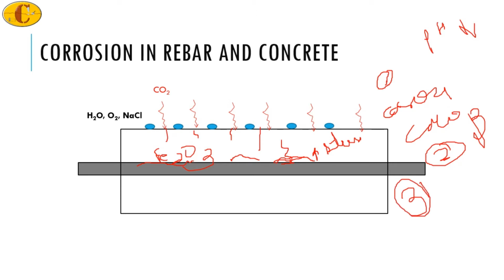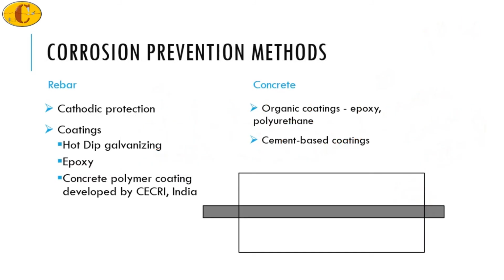Now how do we actually protect it? The usual methods used in the industry are listed over here. Because concrete is the main source from where the elements will go inside, concrete is usually coated with organic coatings or cement based coatings. This may act as the first barrier to the ingress of the elements.